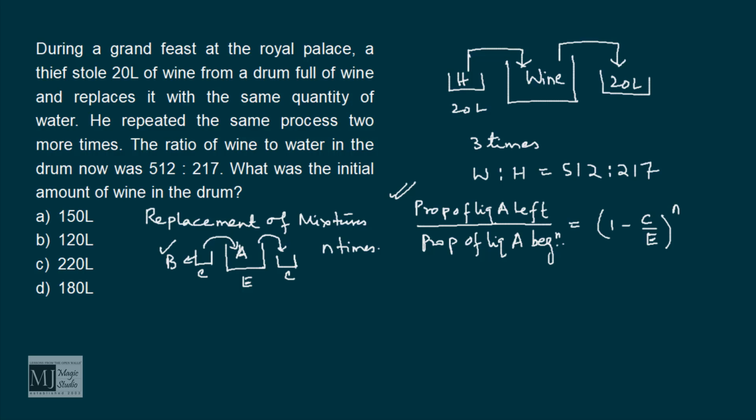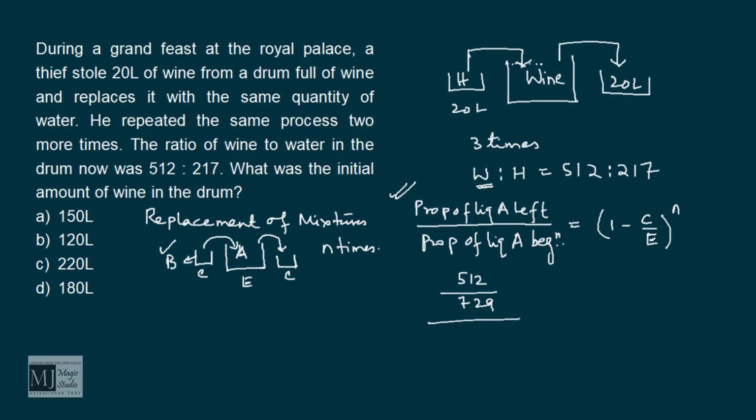Now here, liquid A is wine. So what is the proportion of wine left? It is 512 by (512 plus 217), that is 512 by 729, divided by the proportion of liquid A, that is wine, in the beginning.